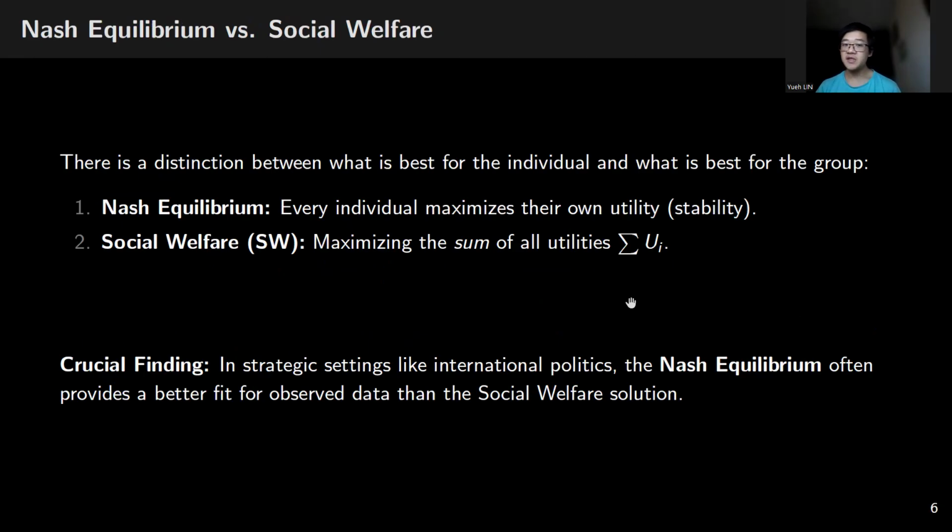It provides a better fit for the observed data than the social welfare solutions, because each individual tries to optimize his or her own utility. We cannot assume that individuals want to maximize the utility for the whole community, assuming that they know the utility of others, etc. So in most cases, Nash equilibrium is the tool that is better suited.